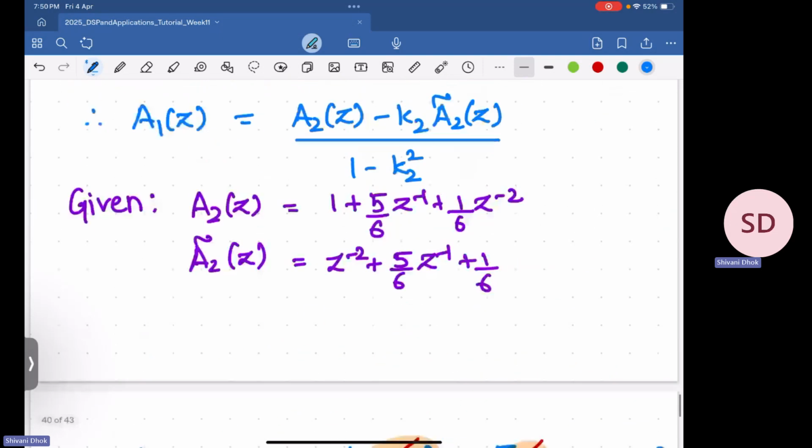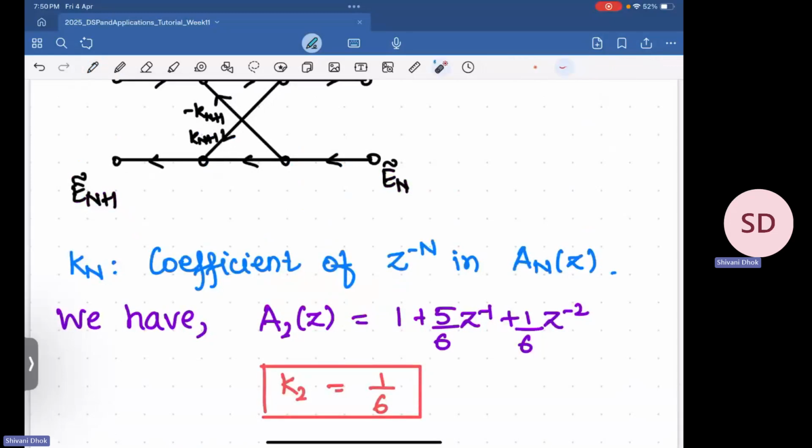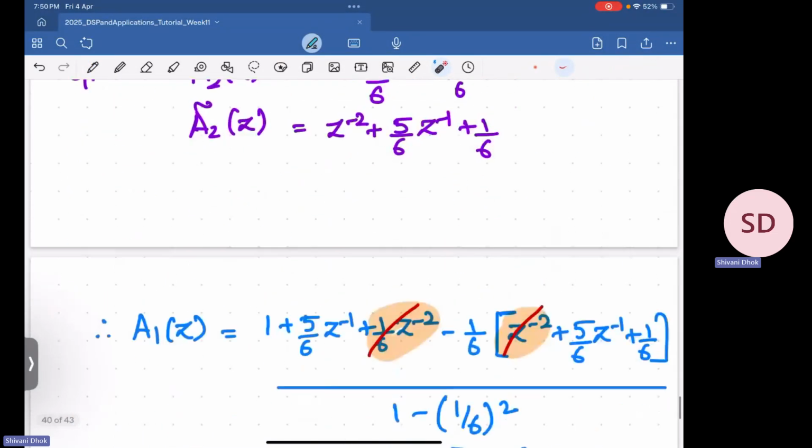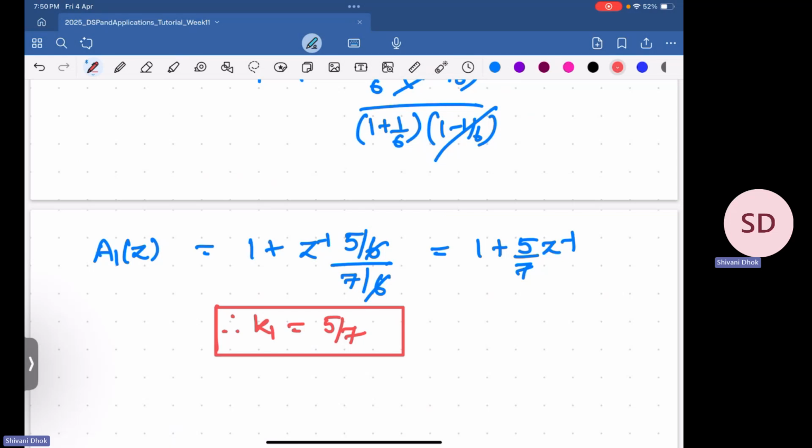So now again using the same logic, my K1 will be the coefficient of z to the power minus 1 in A1 of z. Therefore, K1 comes out to be equal to 5 by 7. Is this clear?